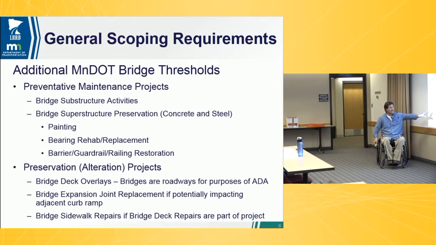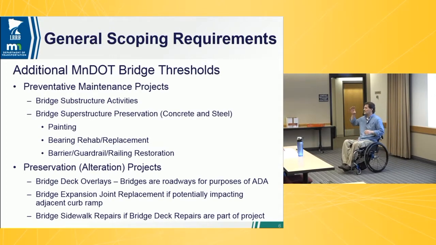This is one where MnDOT did go a little higher than the minimums. Bridge expansion joint replacement, if potentially impacting the adjacent curb ramp. What we're saying is if you've got an expansion joint that you're replacing through a sidewalk, and your curb ramp is within like 25 or so feet, and if that expansion joint was a limiting factor when you build that curb ramp, then before you replace this expansion joint for like $100,000, you should make sure you're putting it there at the right elevation so your curb ramp works, and you just fix the expansion joint once.